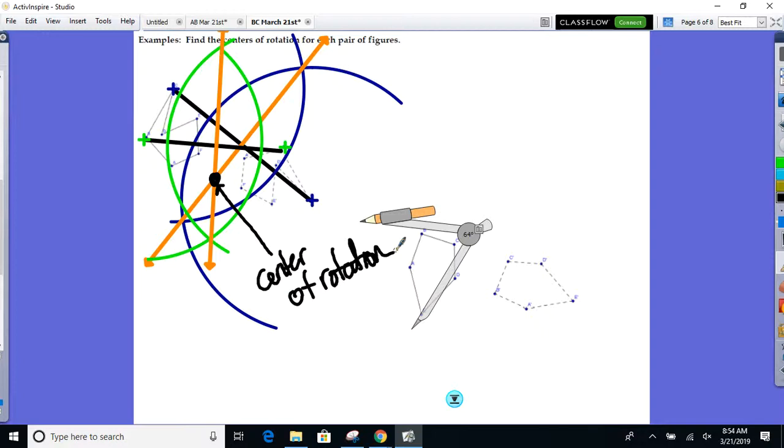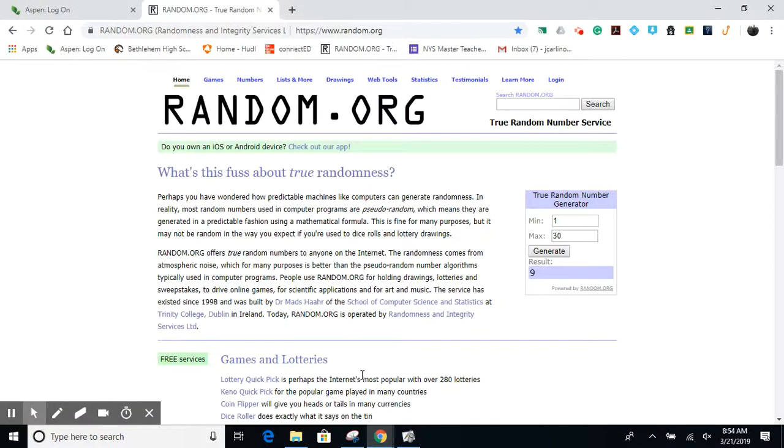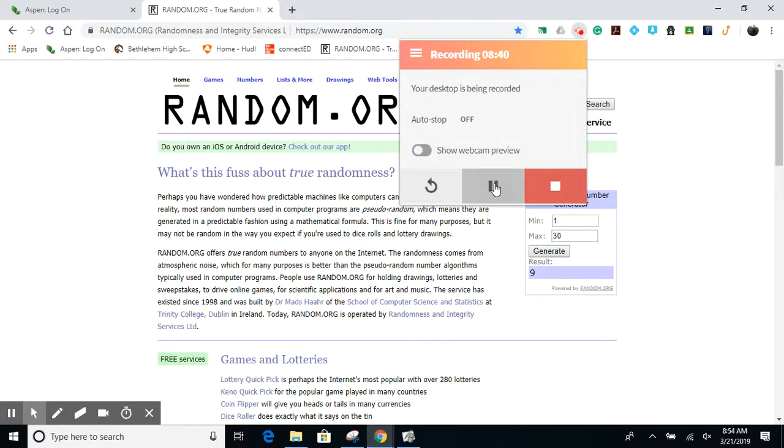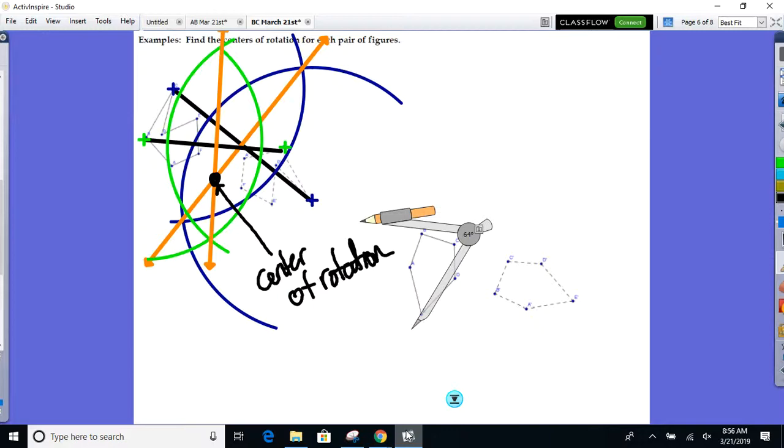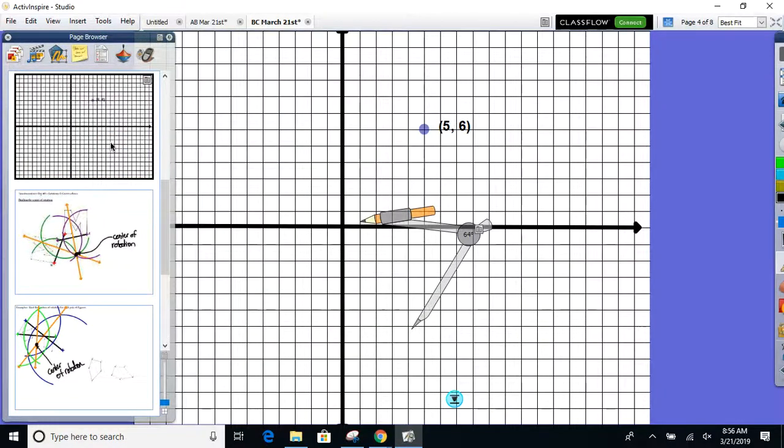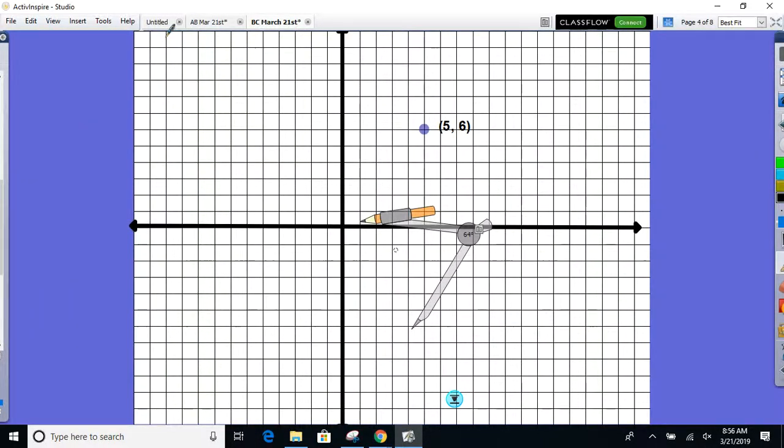And then when you're ready, go ahead and try the second pair of figures. And graph 5, 6 for me.